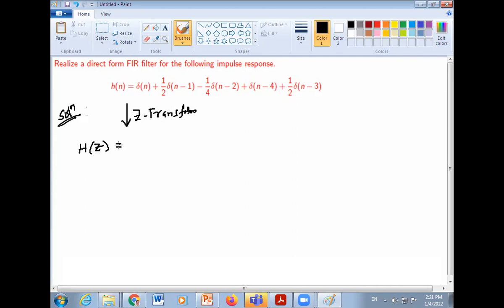What will it be? Anybody? Z transform of delta of n. Anyone has remembered? Z transform of delta of n, or z transform of the impulse function. Its value is 1, do you know?